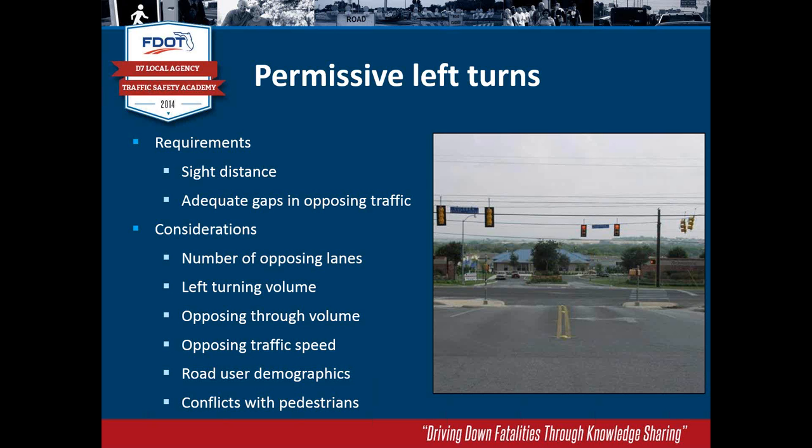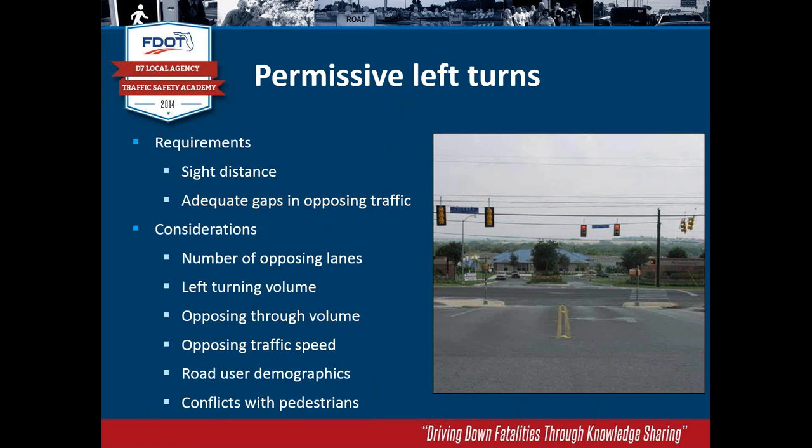If the opposing traffic is operating at capacity and there are no adequate gaps, then you might have to upgrade to some kind of protected plus permitted or something like that. Some of the considerations, if you're thinking about permissive left turns: the number of opposing lanes. It varies from place to place, district to district around Florida.